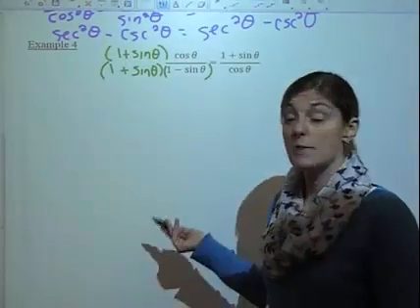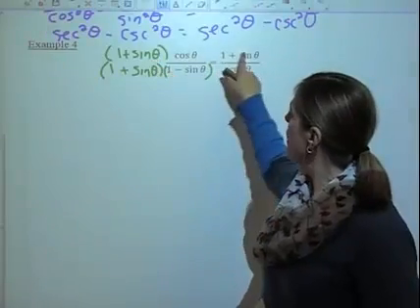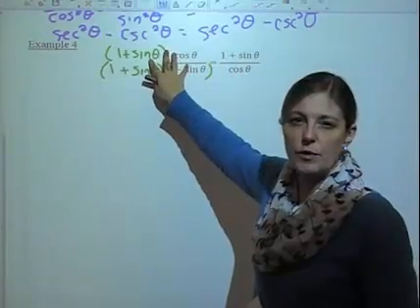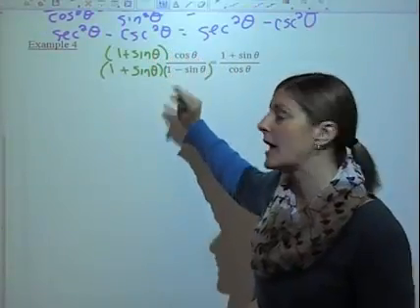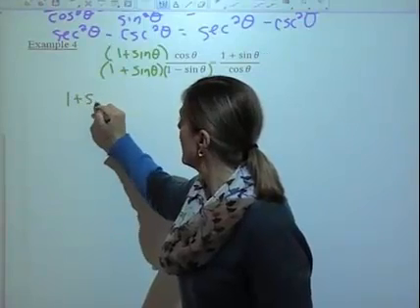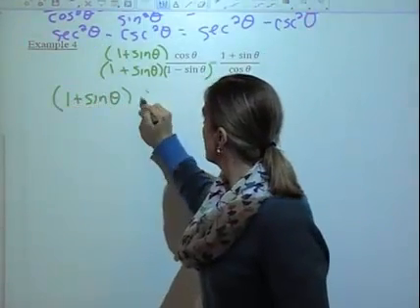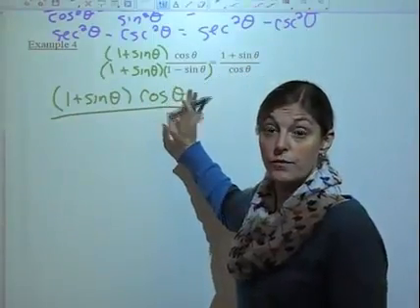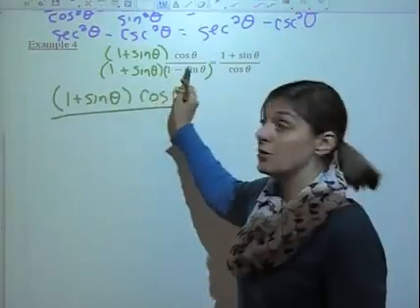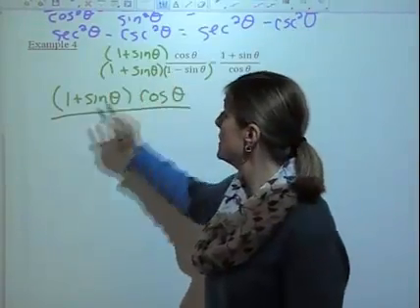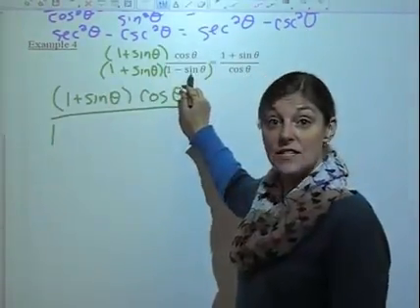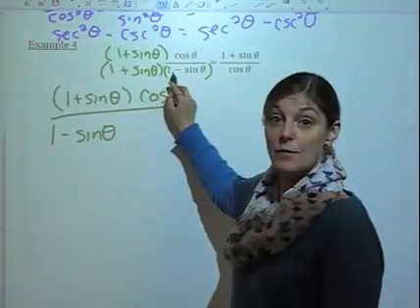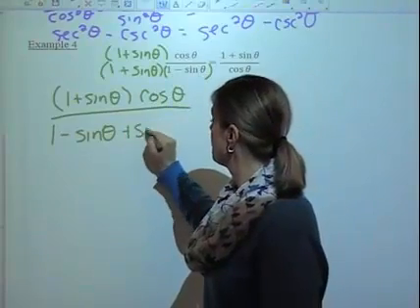And now we can go ahead and multiply. Now, because I want 1 plus sine theta there at the top, I'm not going to go ahead and distribute those, because maybe I can get that cosine to cancel out. So I'm going to have 1 plus sine theta times cosine theta. And now we're going to use a distributive method to multiply these out. So 1 times 1 is 1. 1 times negative sine is negative sine theta. Sine theta times 1 is positive sine theta.